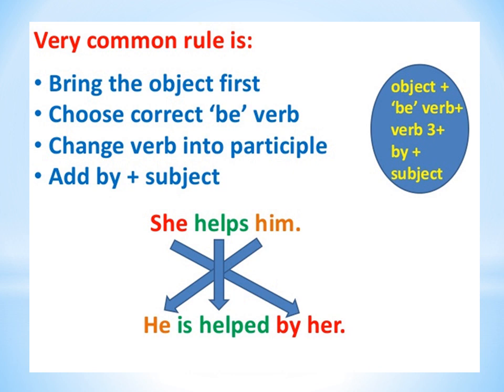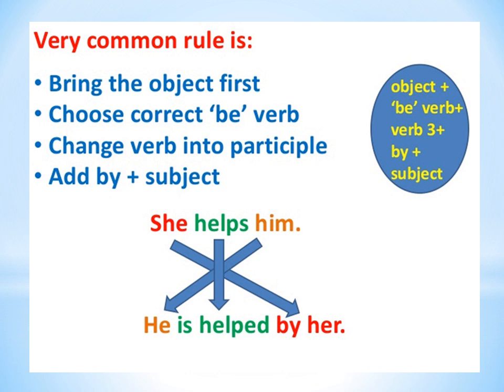Now, dear students, we are going to talk about the very common rules that we use when we are changing a sentence from an active sentence to a passive one. Number one, we bring the object to the beginning of the sentence. Number two, we choose the correct verb to be. Number three, we change the verb into the participle.